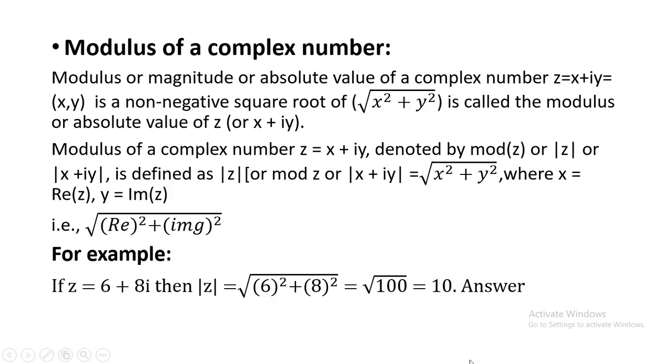Now iota is not included. Let's say if I include iota, it will be 8 iota square, and I know that iota square is substituted by minus 1. So if I do that, I end up making it complex rather than just finding its absolute value or magnitude. Magnitudes are positive values, they are not negative.